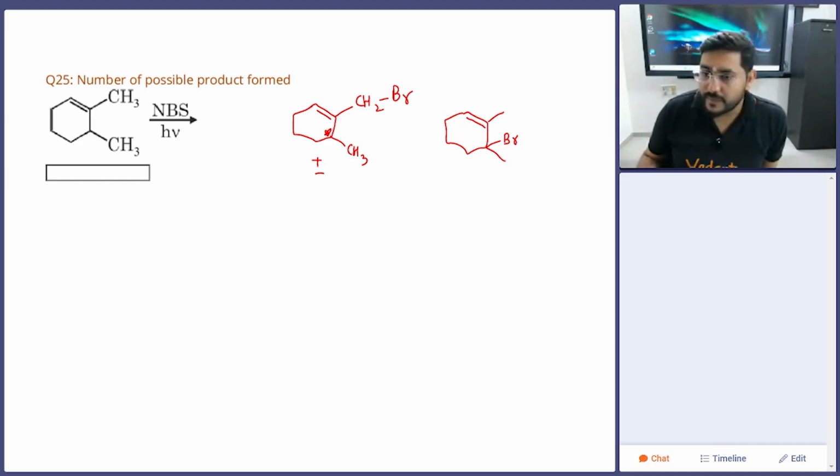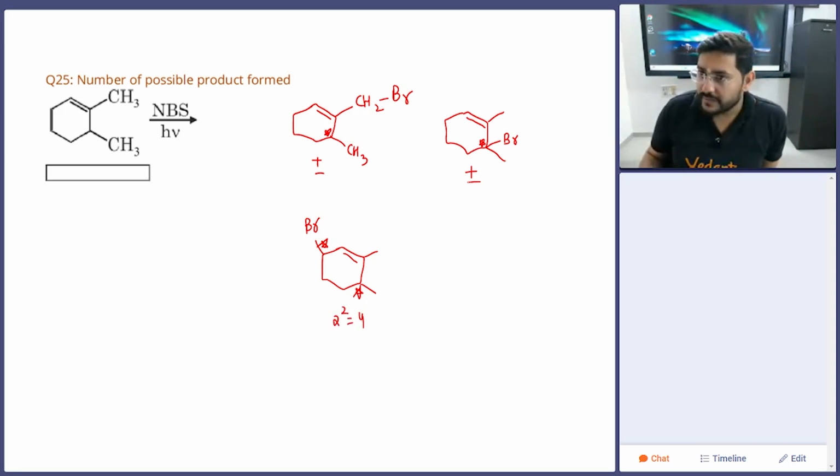Now, here also plus minus we are going to obtain. So total how many products have we obtained till now? 4. Okay. Now, can we put bromine here? Because here also an allylic position is there. So here also and here also. So total how many? 2 raised to the power 2, that will be 4.